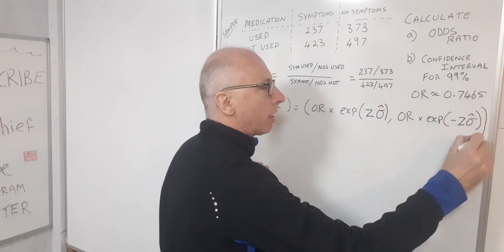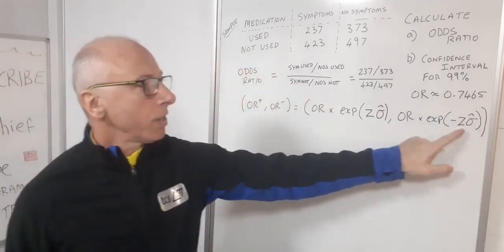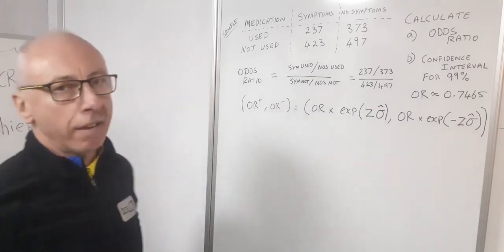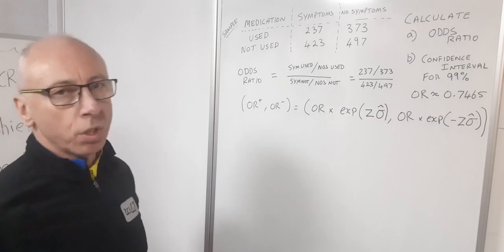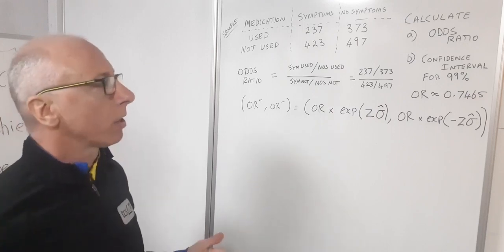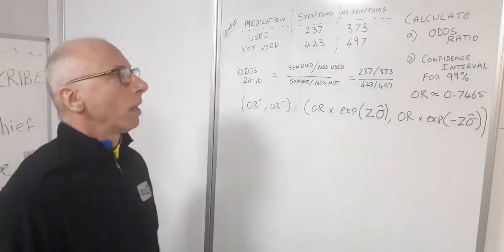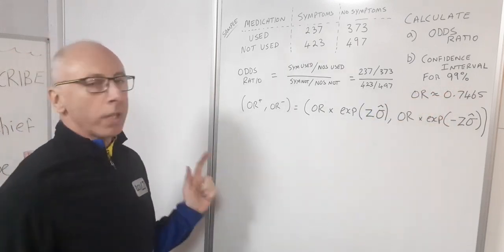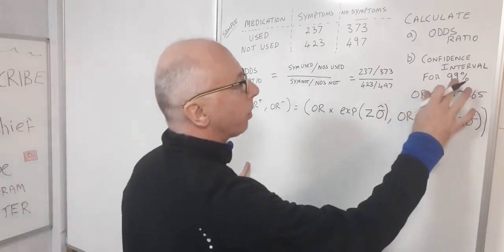Okay. So from this formula, we can see we need to work out our Z value and our standard error. Well, the Z value will come from our normal distribution tables with our quantiles. We want a 99% confidence interval, but as this would be a two-tailed interval, we want 99.5%.